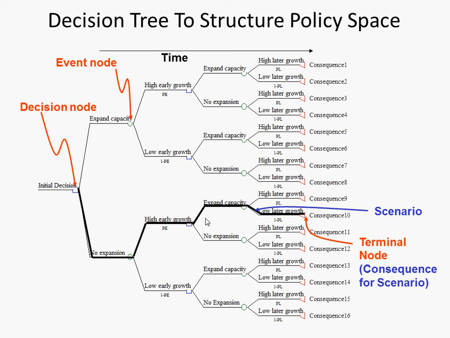And the impact of that initial choice will depend on the level of economic growth experienced in the region. So if we decide to expand capacity, that could really pay off if we have high early growth in the region. But it may go underutilized.